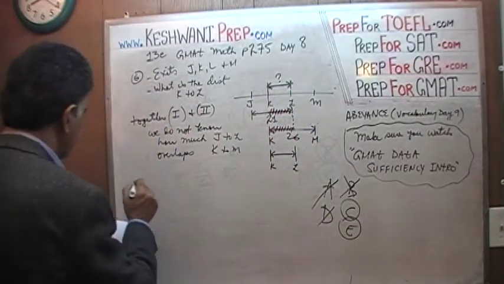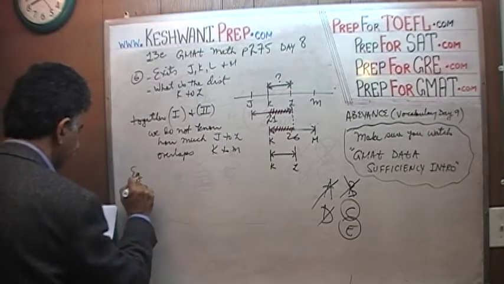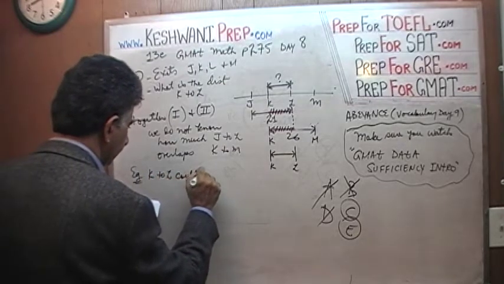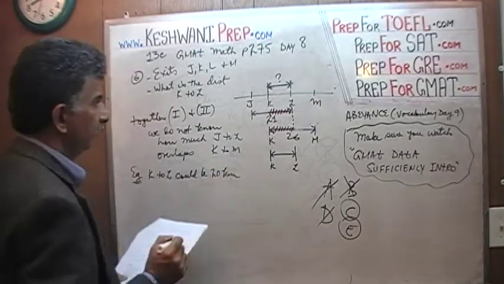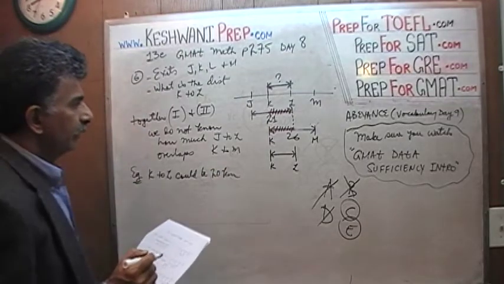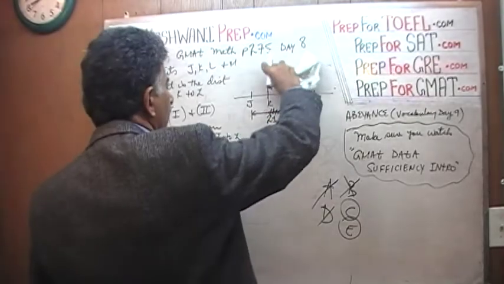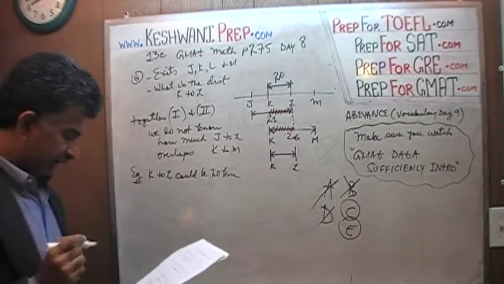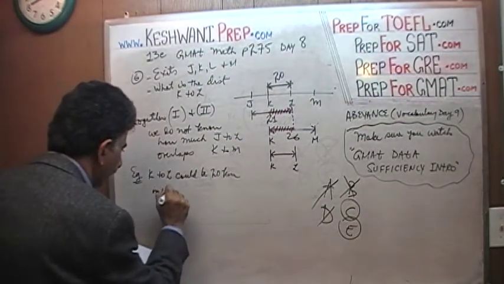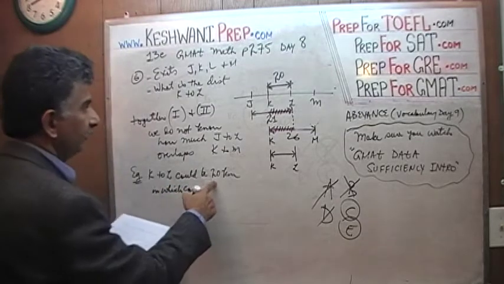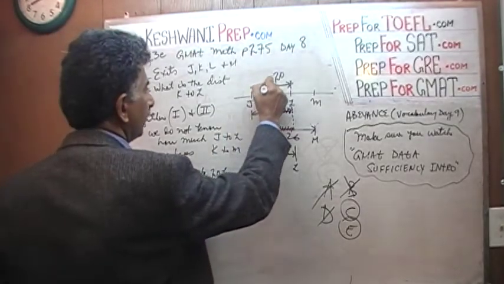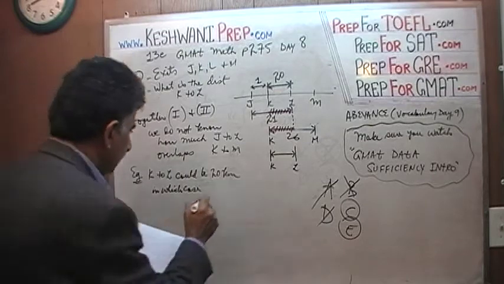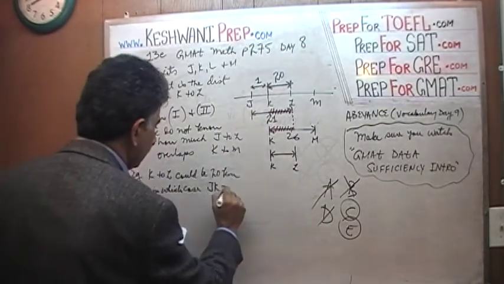For example, K to L could be 20 kilometers. Let's see if you can follow my logic here. This distance could be 20 kilometers, in which case J to K would simply be 1, because we know J to L is 21.